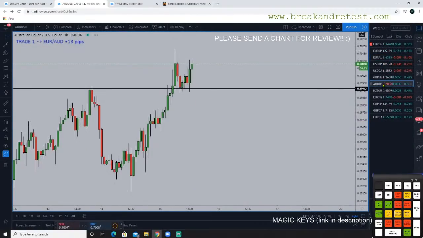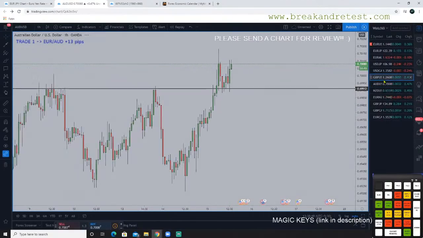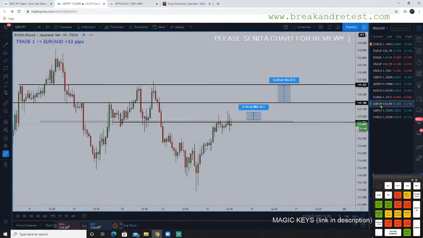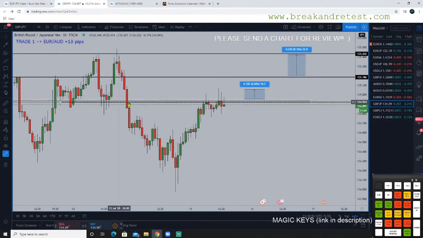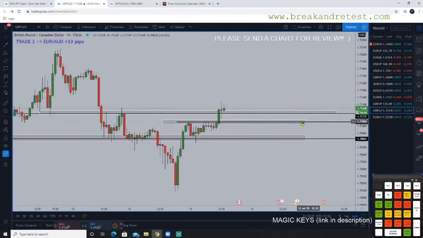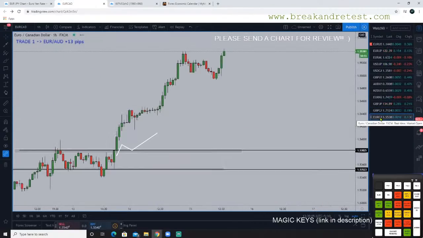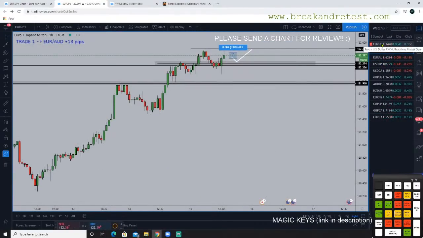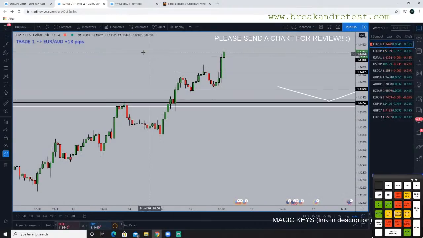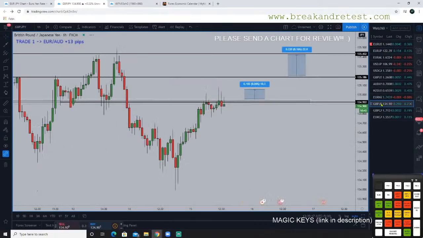Let me see if we have anything else. GJ still not able to break above this. There's still work to do. GCAT close above. There might be chances of continuation to the upside, but for now we are staying away from it. Yeah, looks like there's nothing for now.